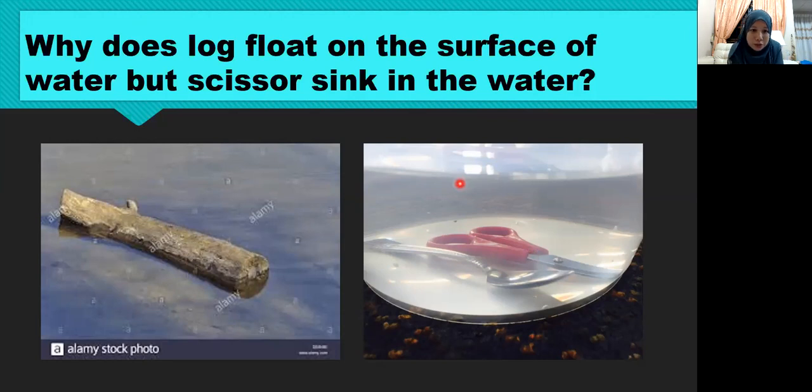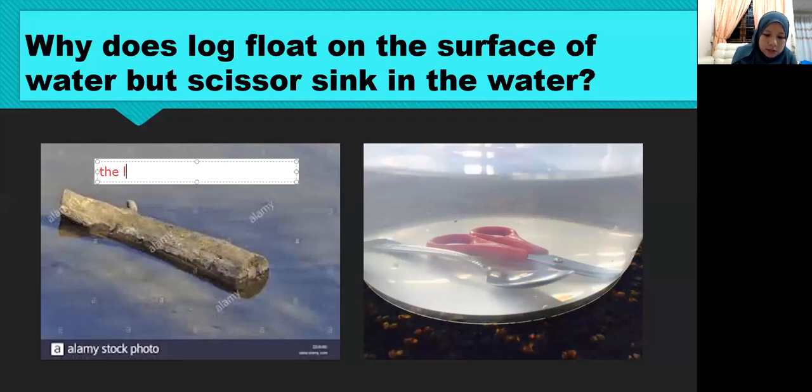Okay, let me tell you. The log here floats because the log is less dense than water. Okay, let me write here. The log floats because it is less dense than water.